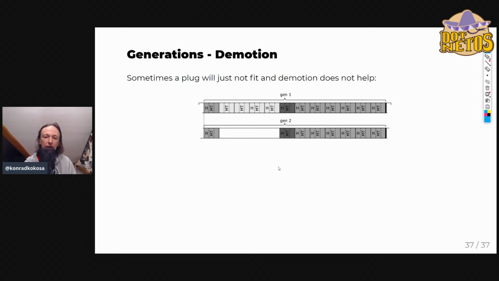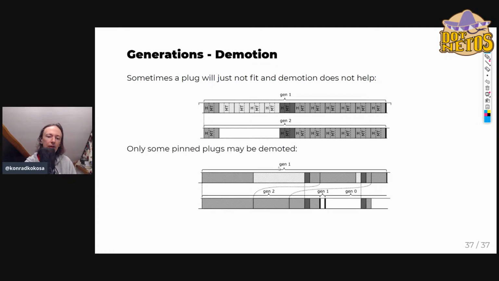It really depends on the layout of objects, what will be able to fit inside the previous gaps and what not. So in the end, you can imagine that some pinned plugs will be promoted regularly, some pinned plugs will be demoted. It really depends what is the actual layout of objects, what is surviving, what are the gaps, what can be filled and what cannot be filled inside those gaps.